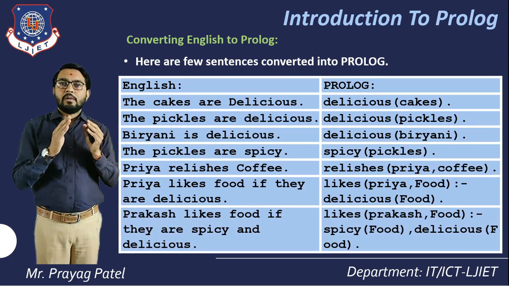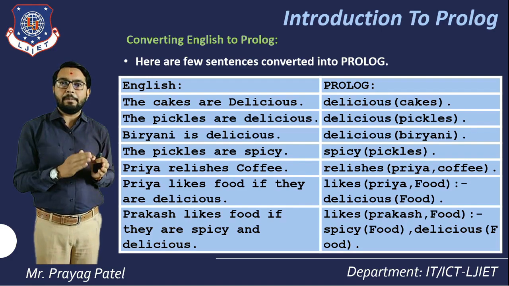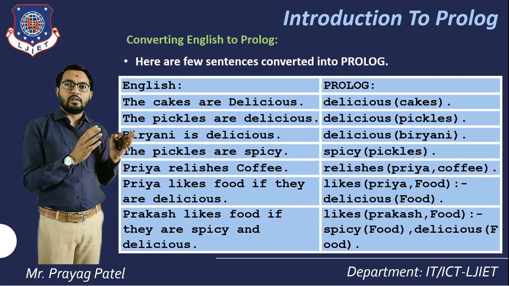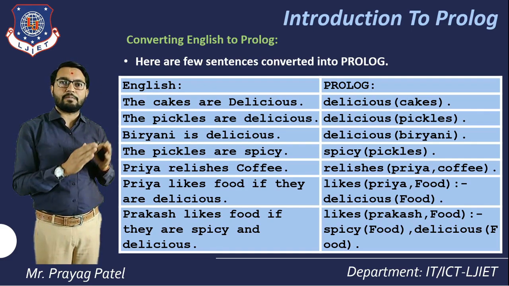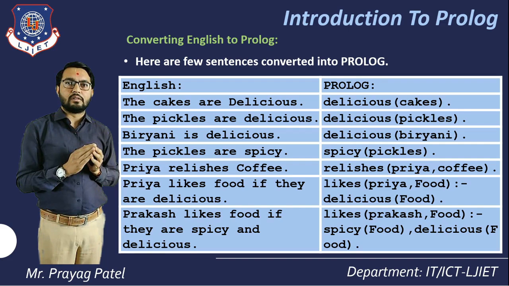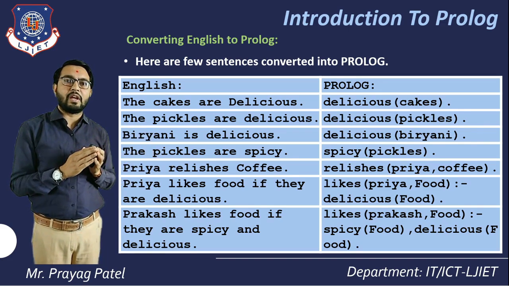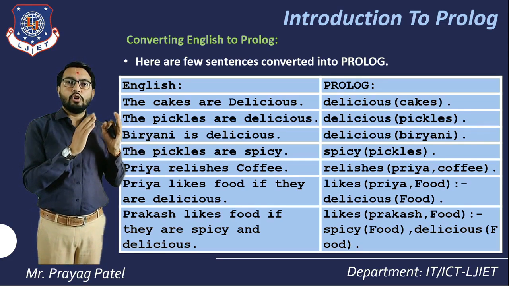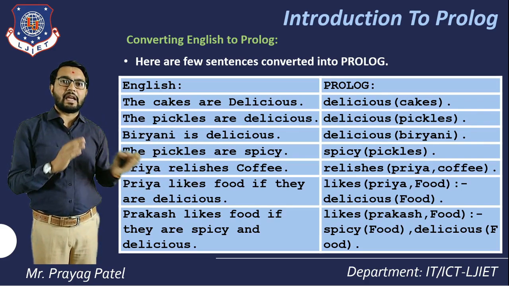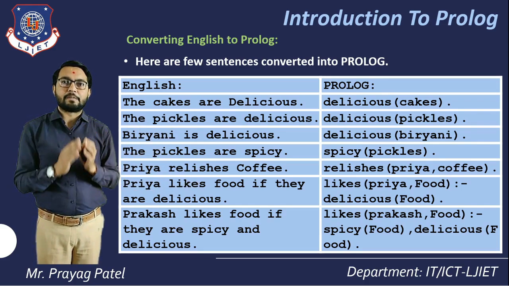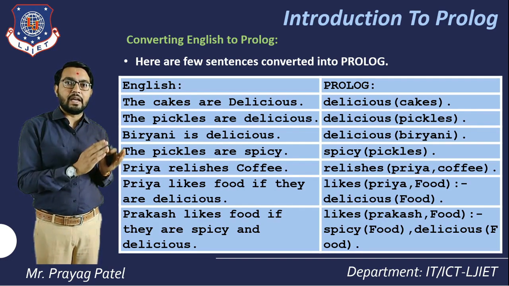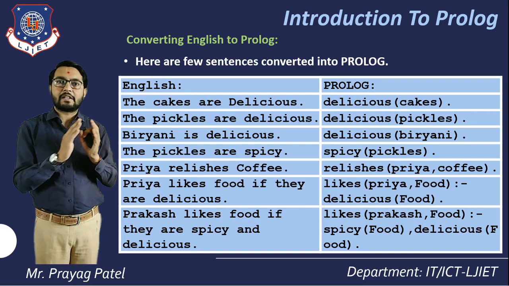Last sentence: Prakash likes food if they are spicy and delicious. In the same way, we represent the sentence with the left part before the colon and dash as one subgoal, and the right part having other subgoals. If food is spicy and food is delicious, then Prakash likes food.